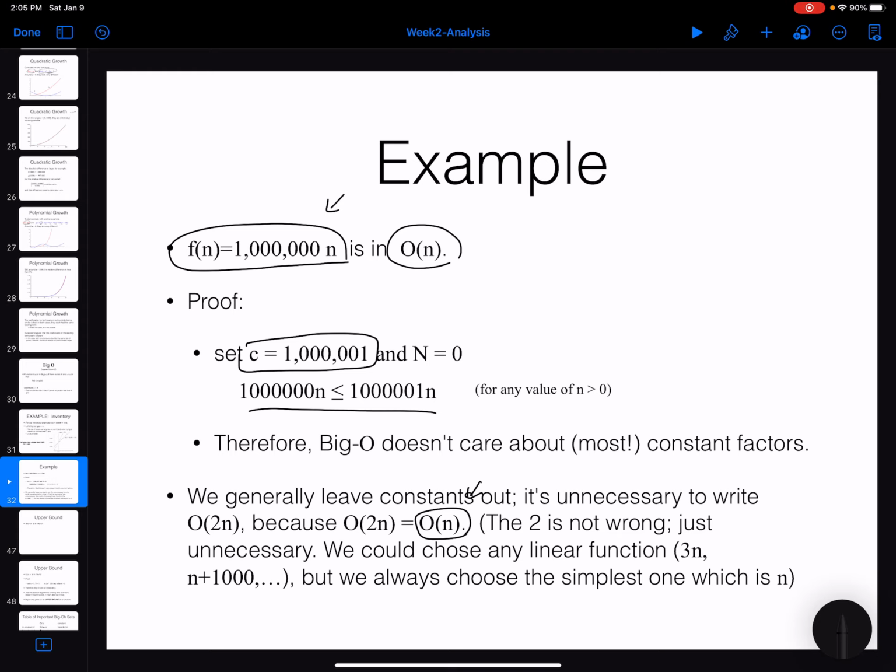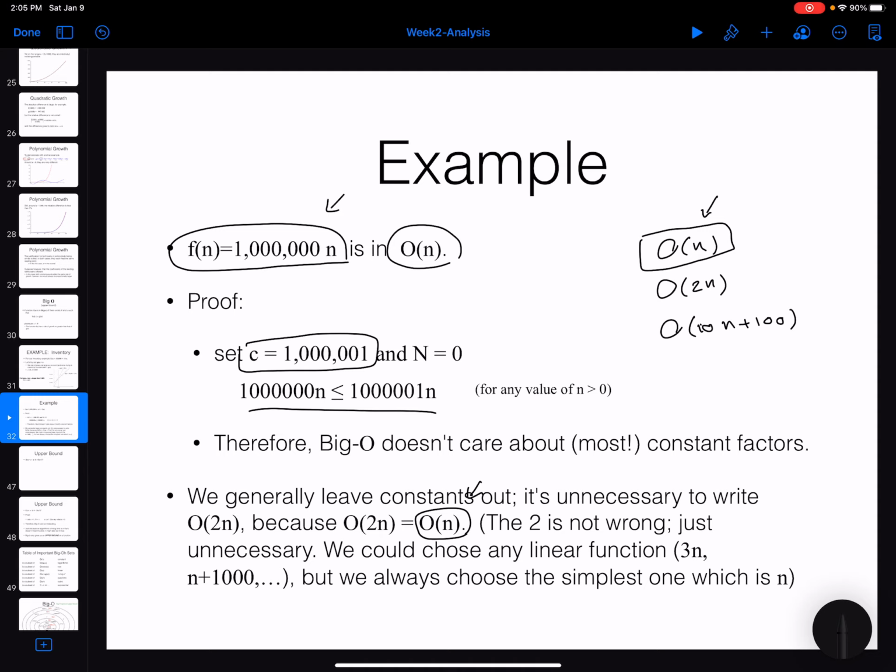When we are writing it as O of n, it doesn't really matter if you write it as O of 2n, or O of 10n plus 1000, all of these are going to be the same. But in math, we always go with the simplest forms. So this is going to be the representation for the set of all those functions whose growth ratio is bounded by linear.